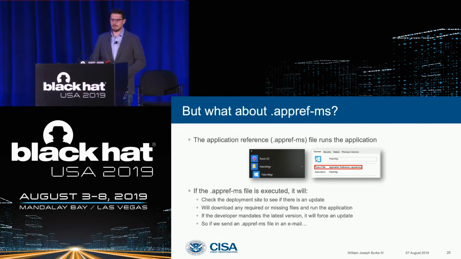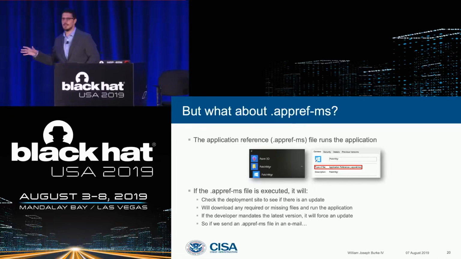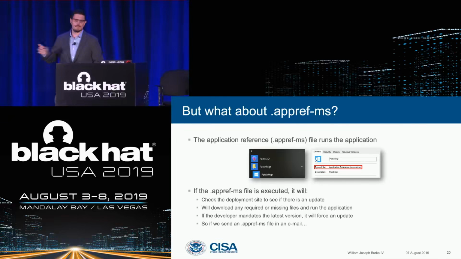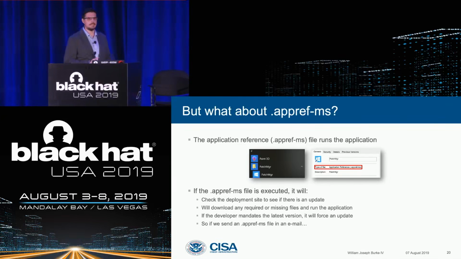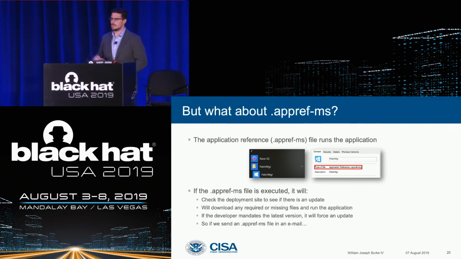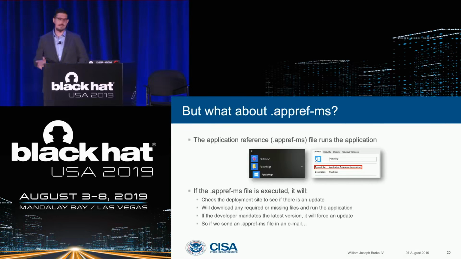But specifically regarding Appref MS, which you can kind of think of as a shortcut to the application, once the Appref MS file is executed, based on how it's configured when the application is deployed, it can be set so that it checks into the deployment server and sees if there are any updates to the application. If there are updates, it can be configured to force the installation of said updates, then execute it from there.